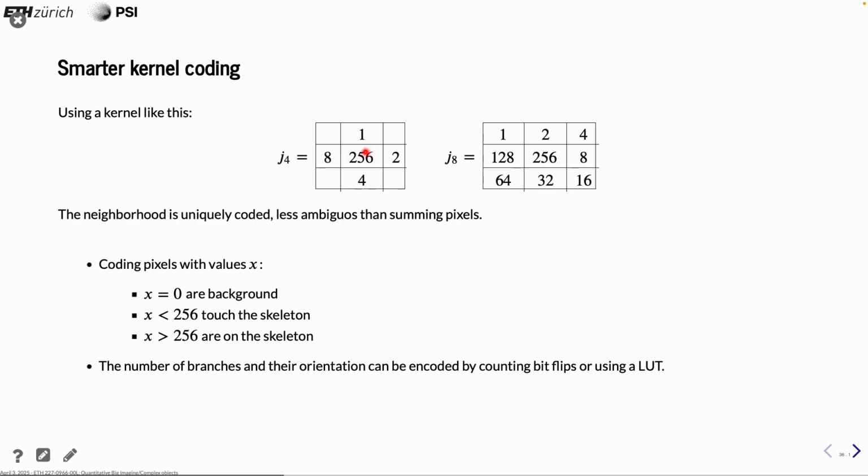And if you want to have a 4 connected or 8 connected, that's up to you. In the end, you get a binary 8-bit number, and then you can use either a lookup table or some kind of bit flip counting in this number. And then it tells you what kind of junction you have.